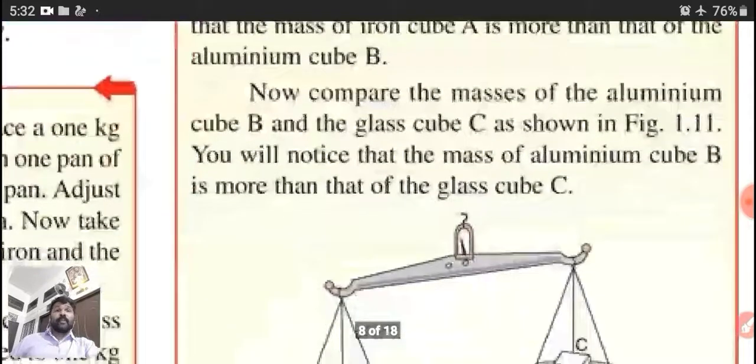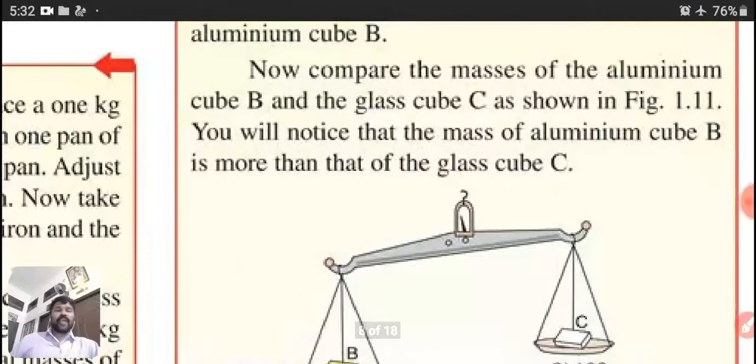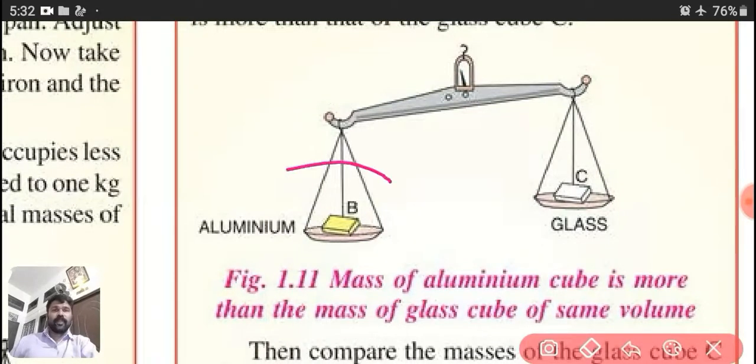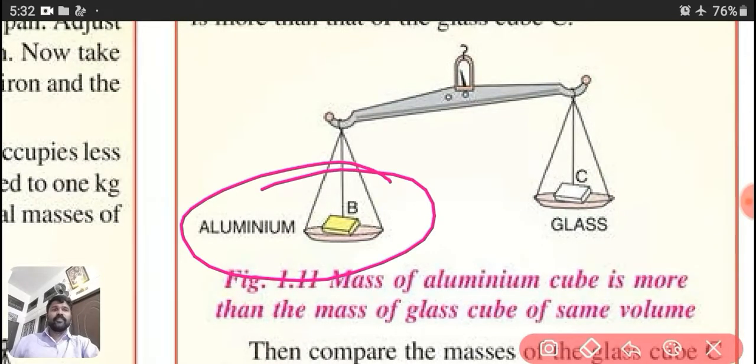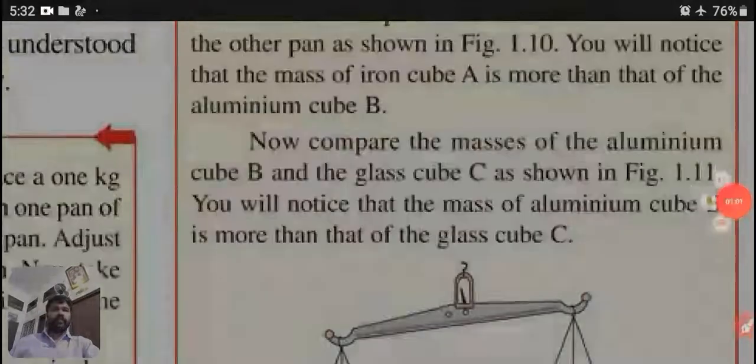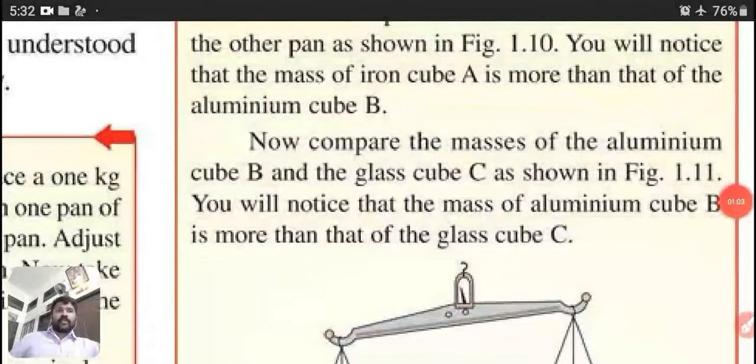Now compare the masses of the aluminium cube B and the glass cube C as shown in figure 1.11. In the first pan there is the aluminium cube, in the second pan the glass cube.